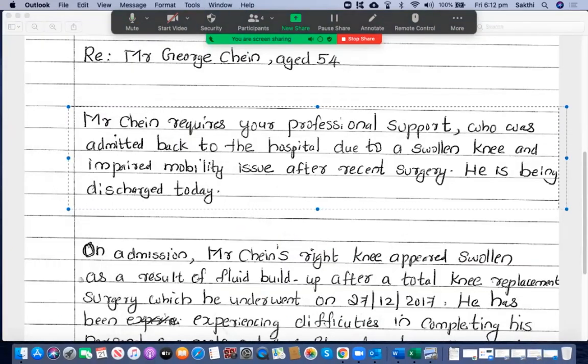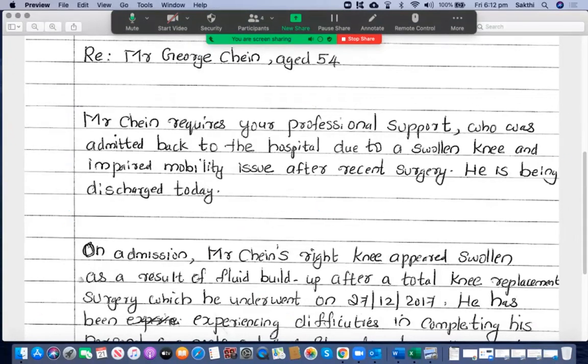So Mr. Shin, who was admitted, is that back? Why did you mention that? Was he already admitted to the same hospital previously? I think he had a total knee replacement at the beginning. Oh, in the beginning. Then after the surgery he had a problem. Okay.